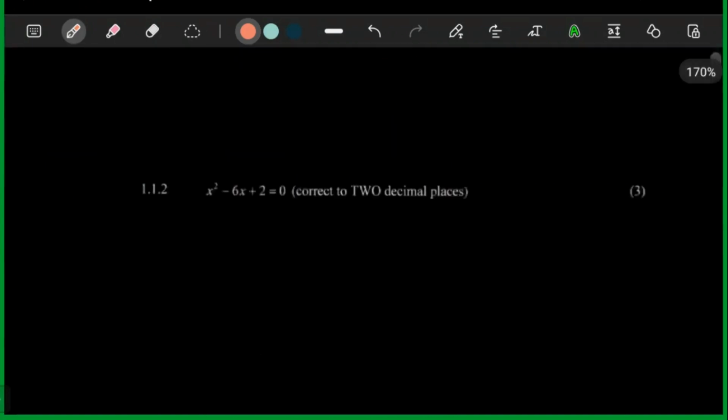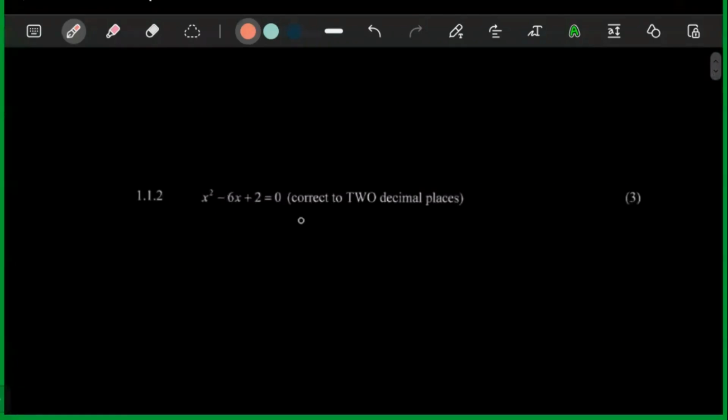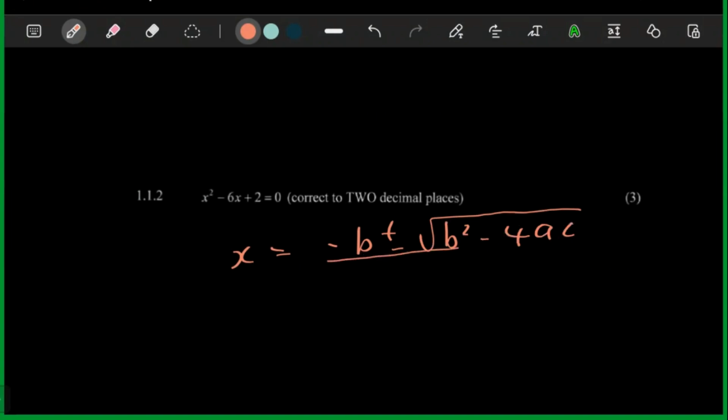Moving on, for 2 marks, and then here 3 more marks. Any question that starts like this, where they're asking you to write it out correct to 2 decimal places, they're literally trying to tell you that you need to use your calculator. You need to use the quadratic formula, which is on your formula sheet. The format is ax squared plus bx plus c.